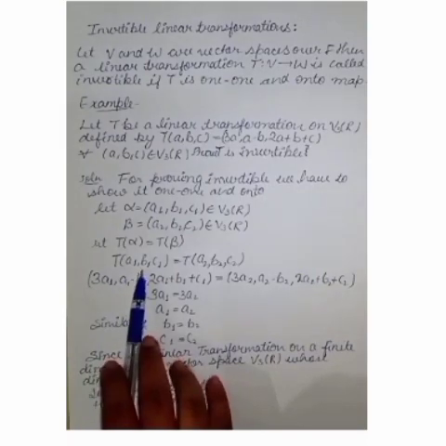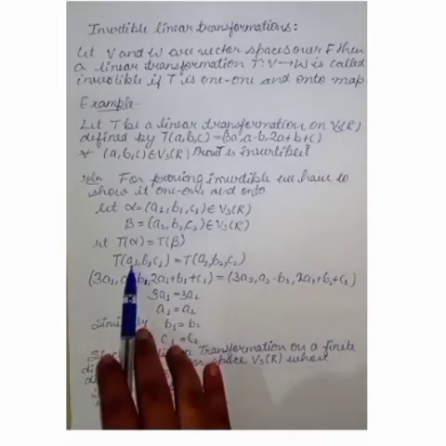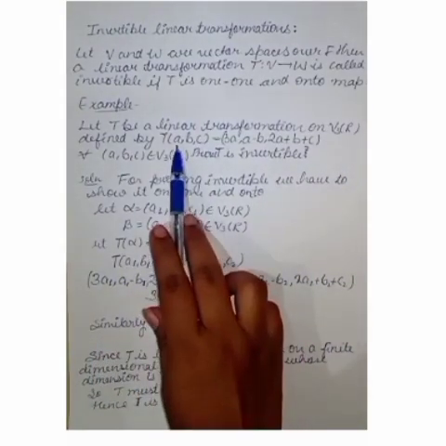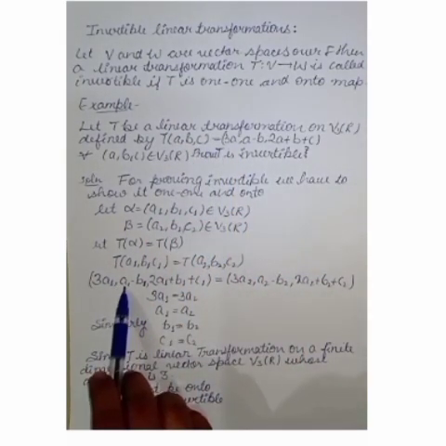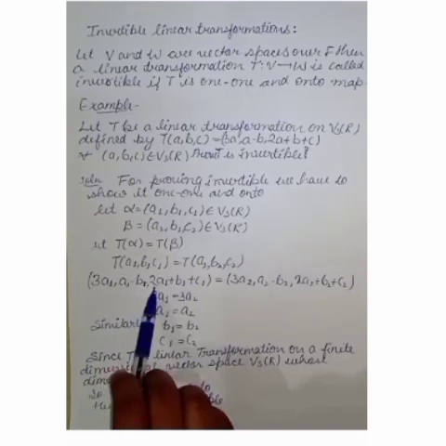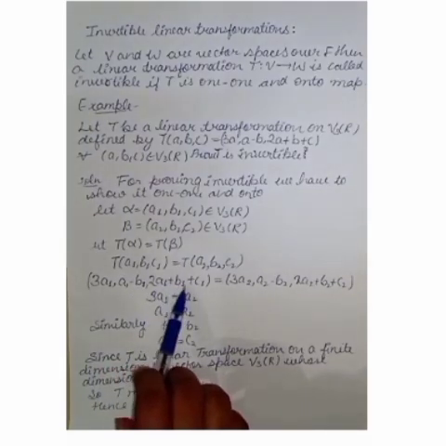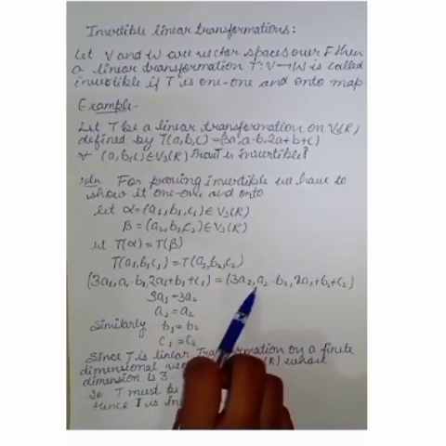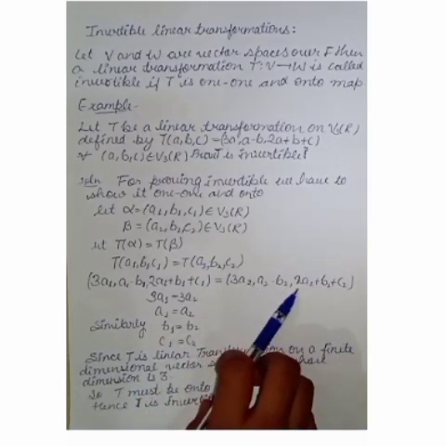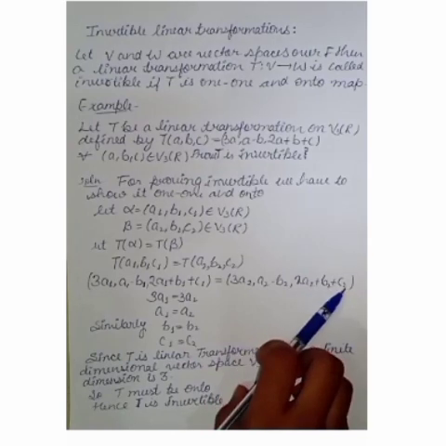Now we put the condition of T(A, B, C): (3A1, A1 minus B1, 2A1 plus B1 plus C1) equals (3A2, A2 minus B2, 2A2 plus B2 plus C2).